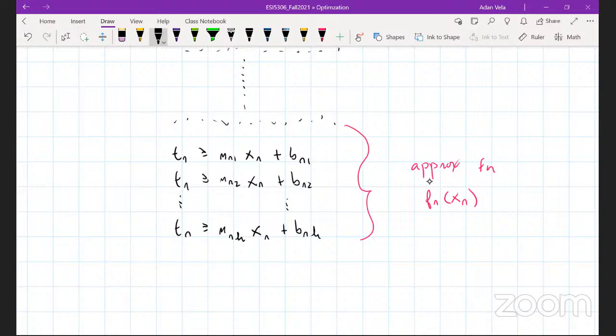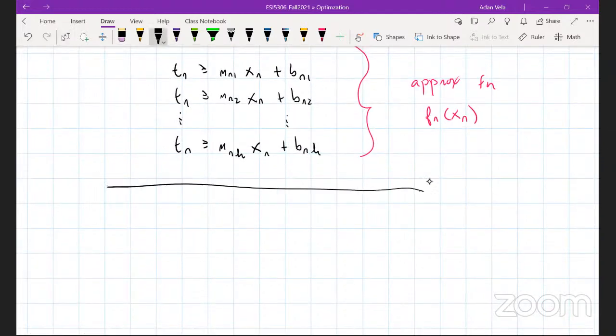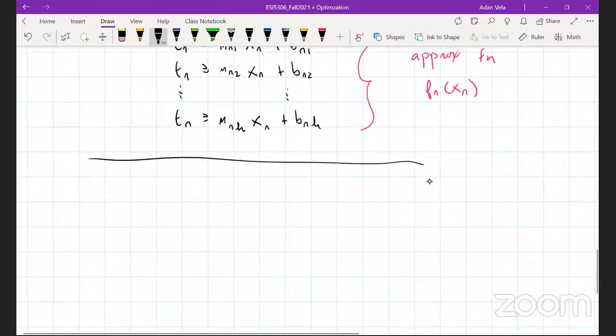Now you might be asking yourselves, well, how do we calculate these m's and b's? The process is pretty straightforward. I sort of think about it in terms of 3 basic steps. Our first step is to select the points where we want to make the approximation on a function.